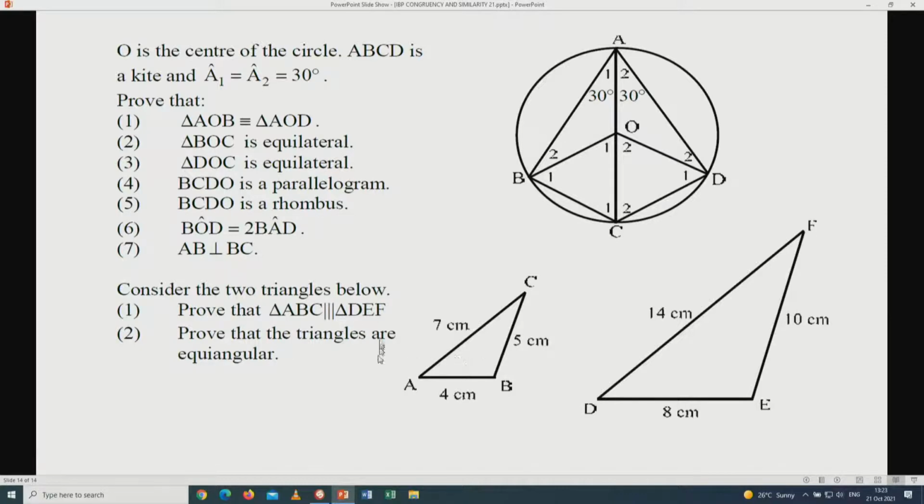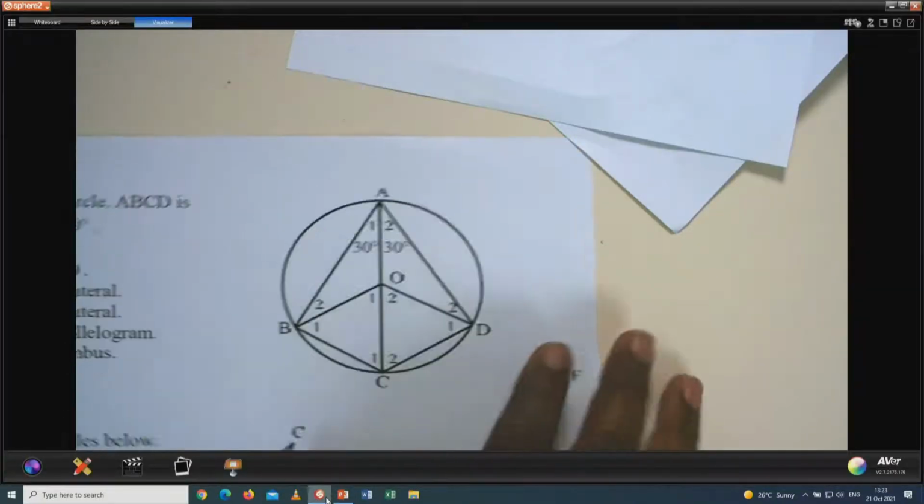In other words, firstly here we don't have angles, so we have to prove proportionality. You are not given angles, therefore you cannot use angles. Therefore you have to look at the proportionality.